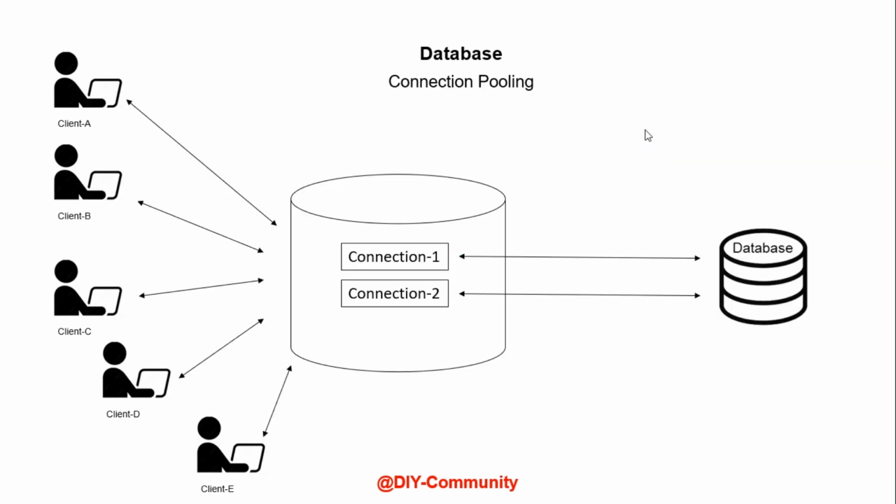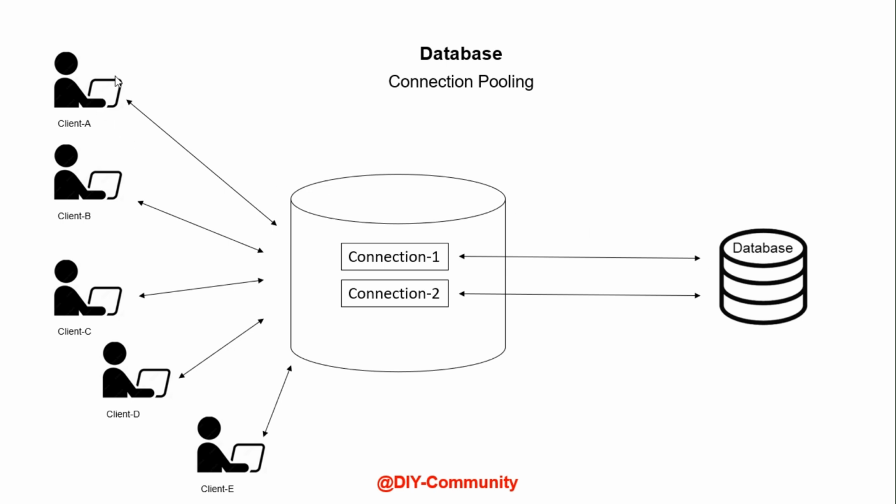One more way we can optimize our database is by implementing connection pooling. It can be done at a database server level and application level. We know that every time a user makes a connection to a database, it is a very expensive process.